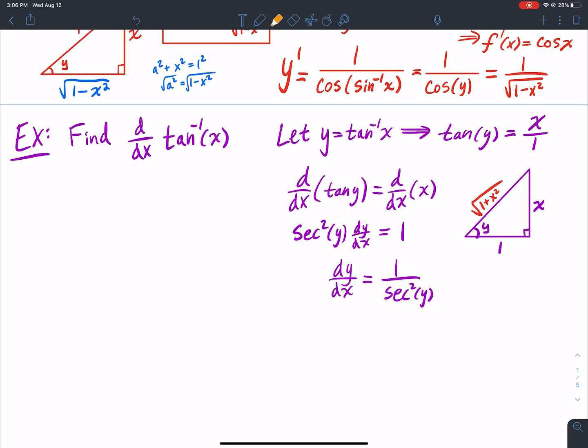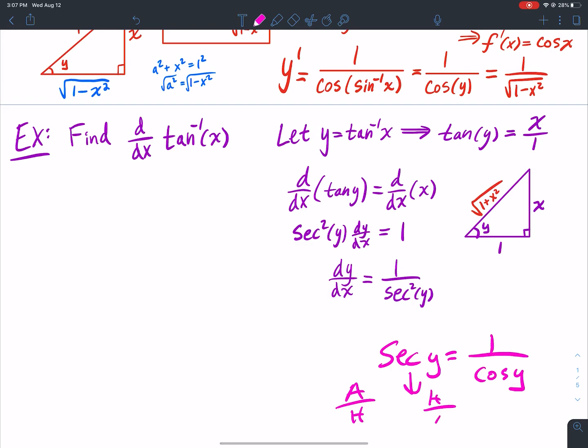Now, what is the secant? Secant of y is equal to 1 over cosine of y. So it's a reciprocal, so you've got to be careful here. The reciprocal means if cosine is adjacent over hypotenuse, then secant is hypotenuse over adjacent.